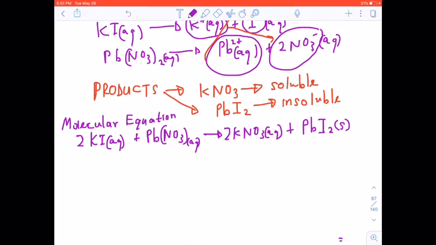Right? And like I said, the formation of the precipitate, the fact that an insoluble substance can form in this particular reaction, it drives the reaction in a forward direction, and then this reaction is energetically favorable.